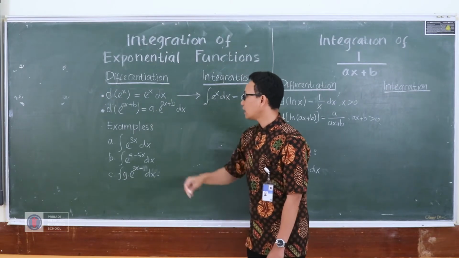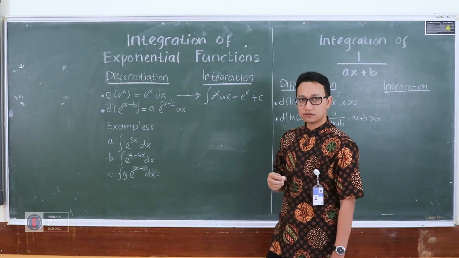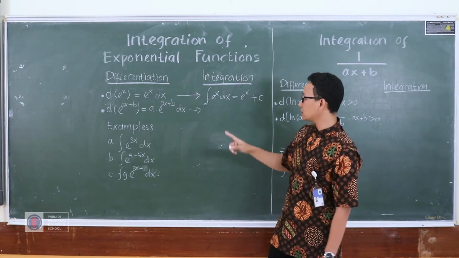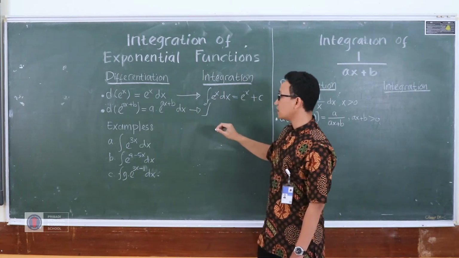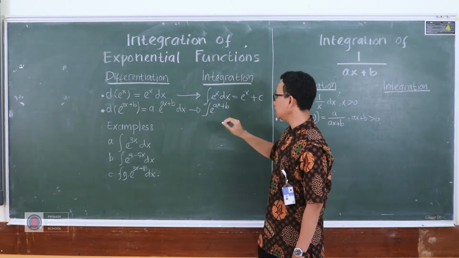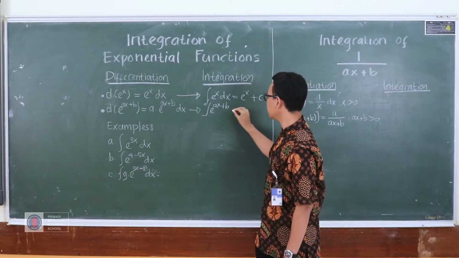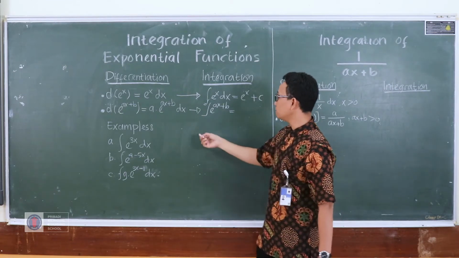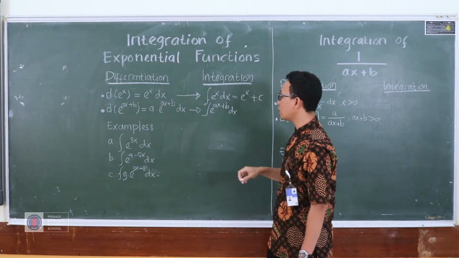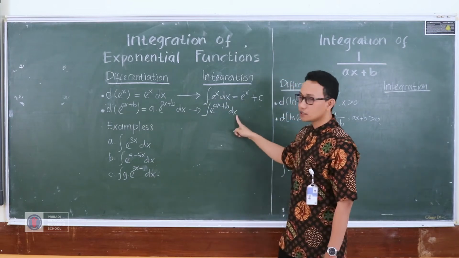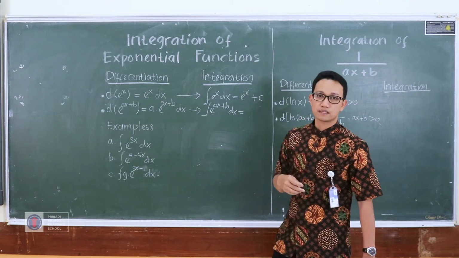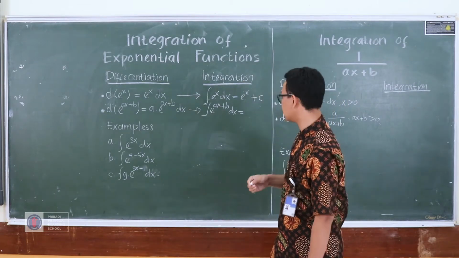Okay? And then how to find its integrals? All right, so the same technique as finding the integration of e to the x. So the integral of e to the ax plus b dx, if before we multiply, now we just divide, right? So this is the opposite. So remember, integration is the opposite of differentiation, right?